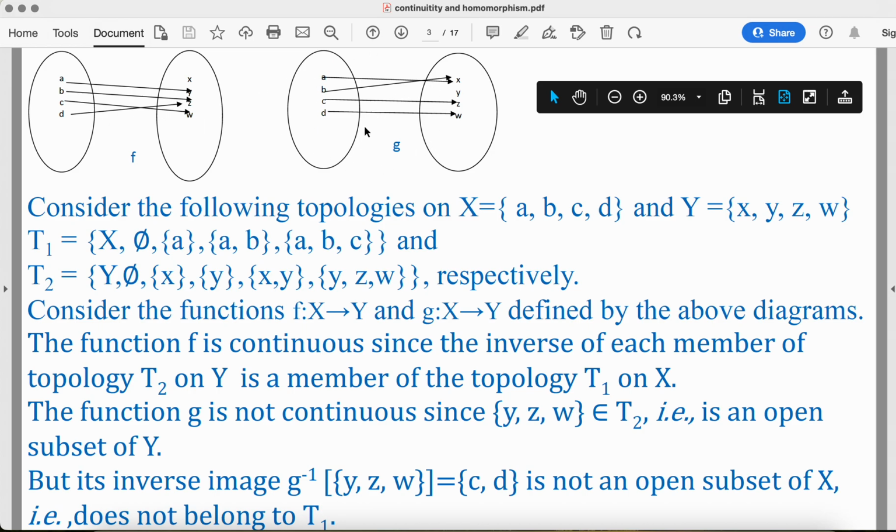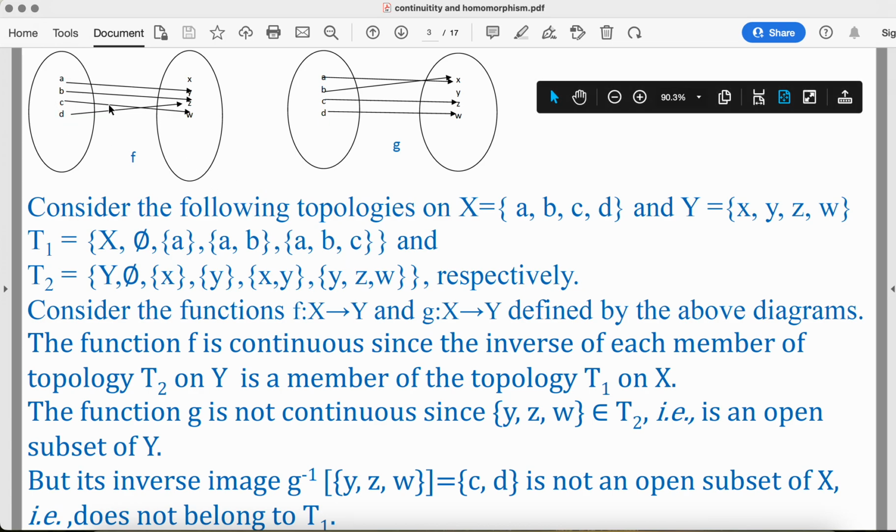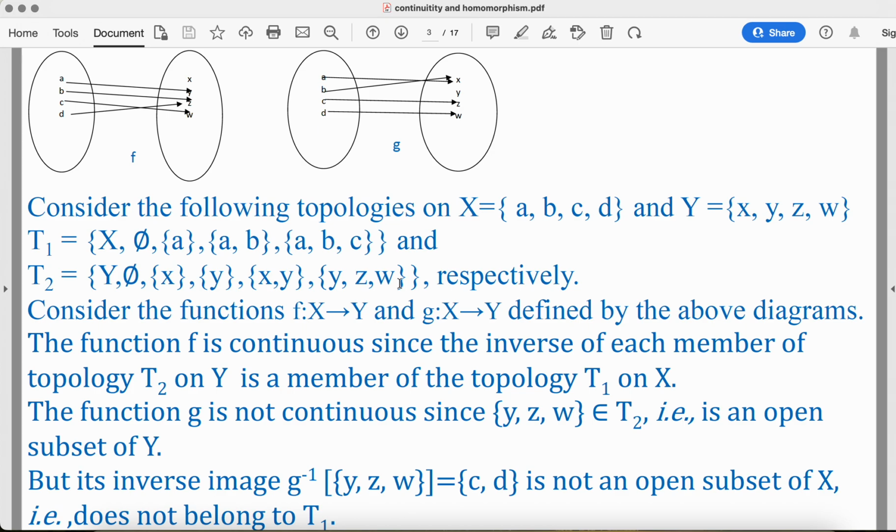Then the function f is continuous because the inverse image of each member of the topology T2 is a member of the topology T1 on X. But this function g is not continuous because T2 contains the set {y, z, w}. This is T2-open, or we say that this set belongs to T2.